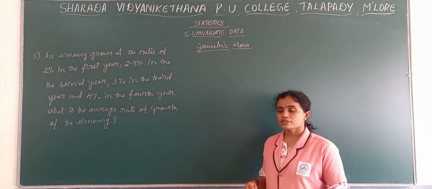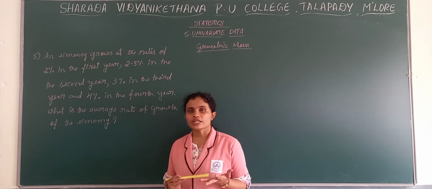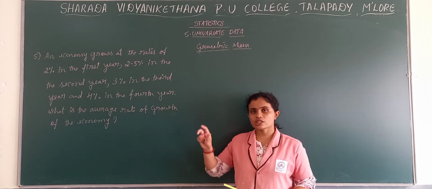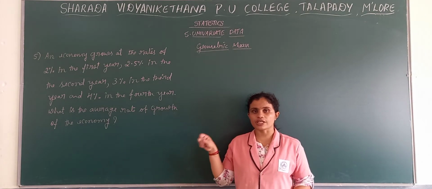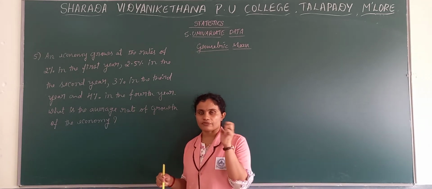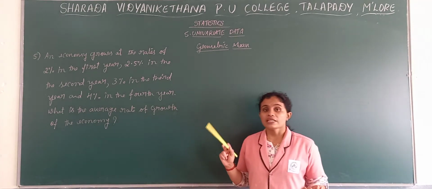Before that, we have 5 kinds of averages: arithmetic mean, median, mode, geometric mean and harmonic mean. Now we have some specifications on when to use the arithmetic mean, when to use the median, when to use the mode.